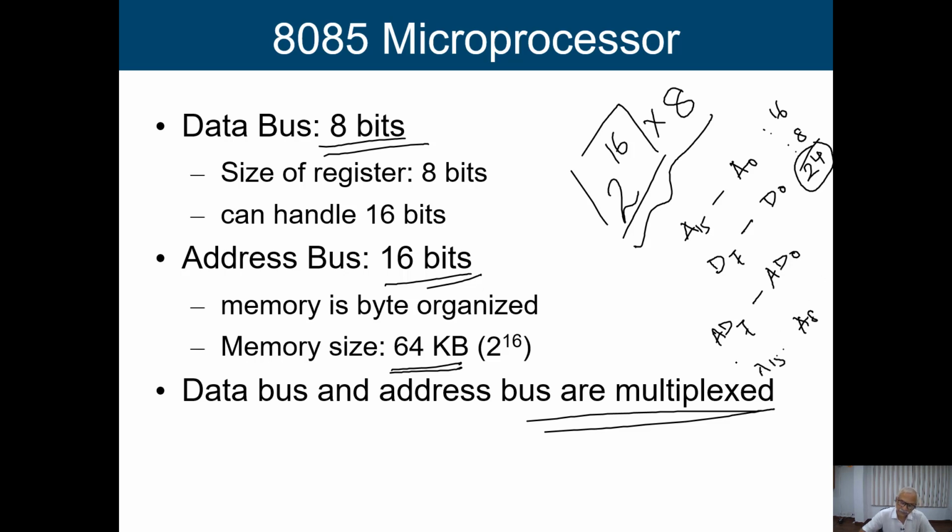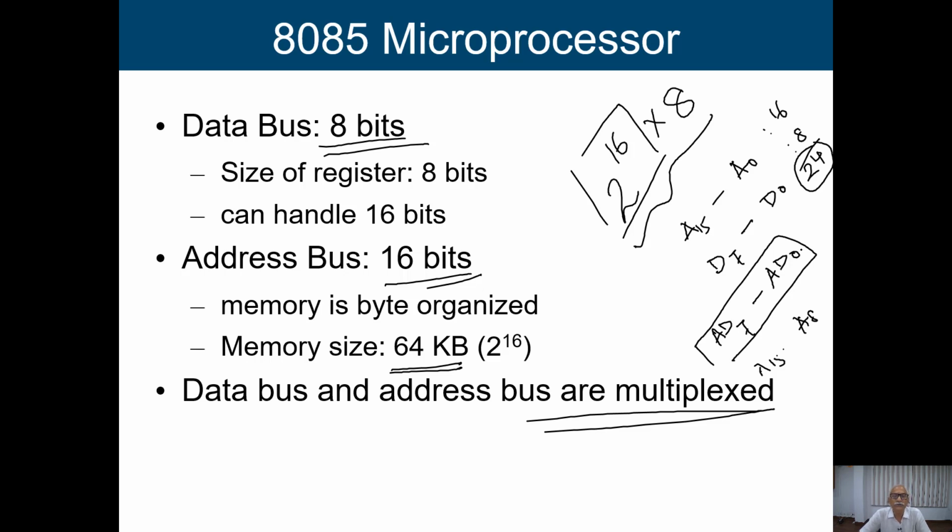So these 8 lines AD0 to AD7 are multiplexed. When required, we send the address A0 to A7, or if required, we send data D0 to D7 on the same lines. This is the multiplexing we are doing. The same 8 lines are used to give address as well as data.